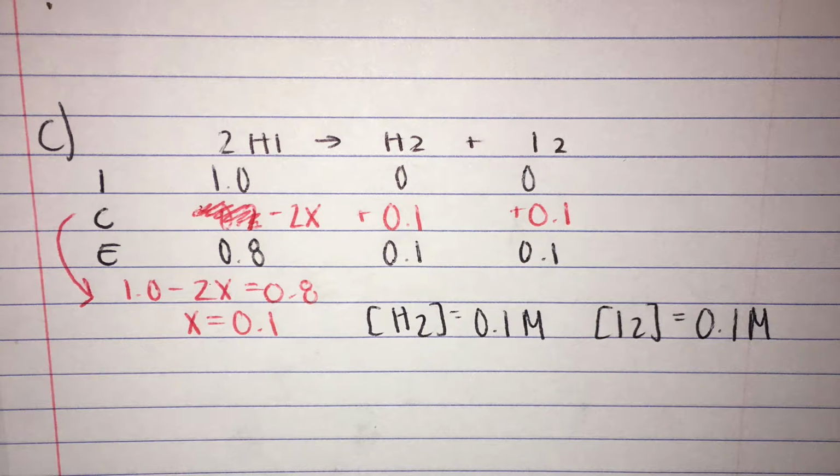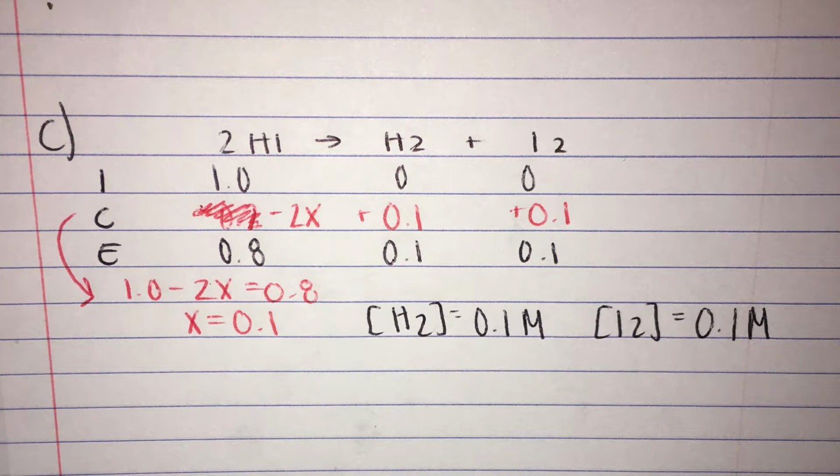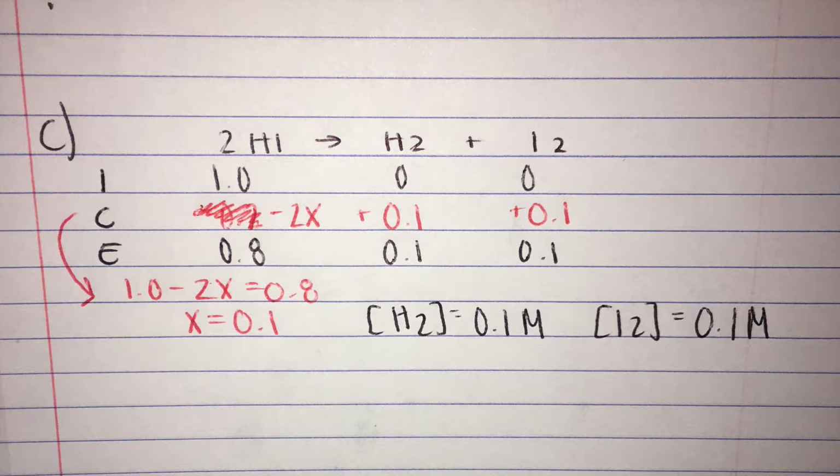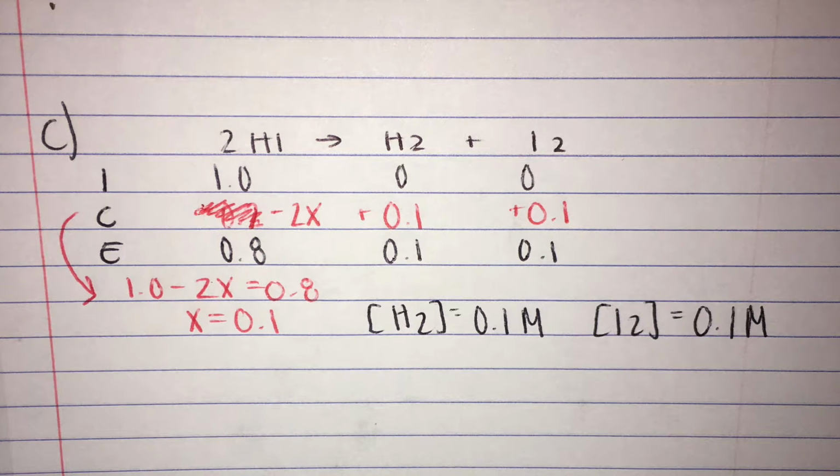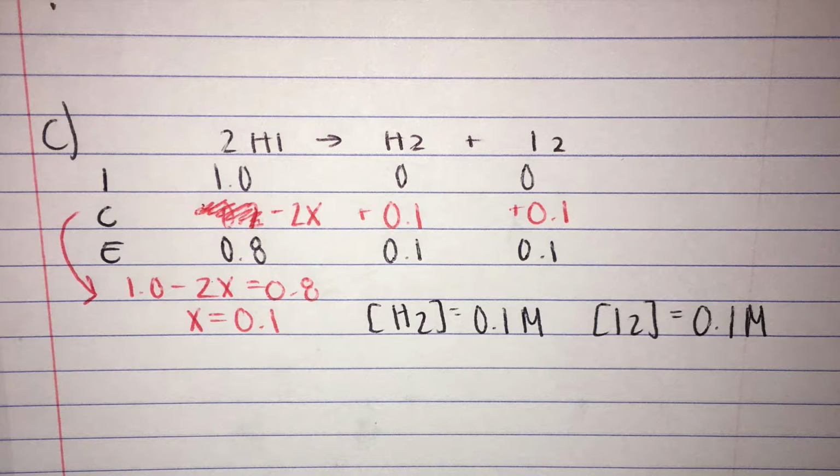So that means the concentration of hydrogen gas and iodine gas changes by 0.1, but instead of decreasing like HI, it increases by x, so it increases by 0.1. Since the initial concentration of hydrogen gas and iodine gas are 0, the equilibrium concentration is the same as the change, so the equilibrium concentration of both gases is 0.1 molar.